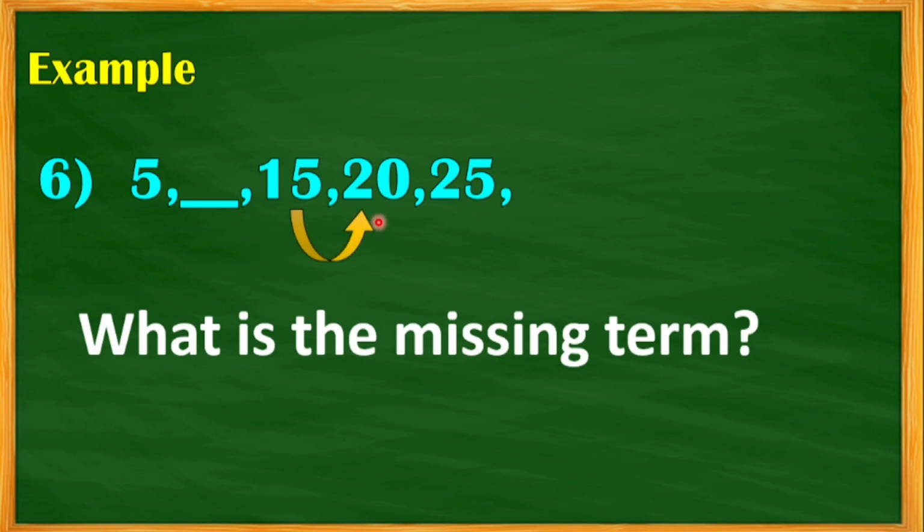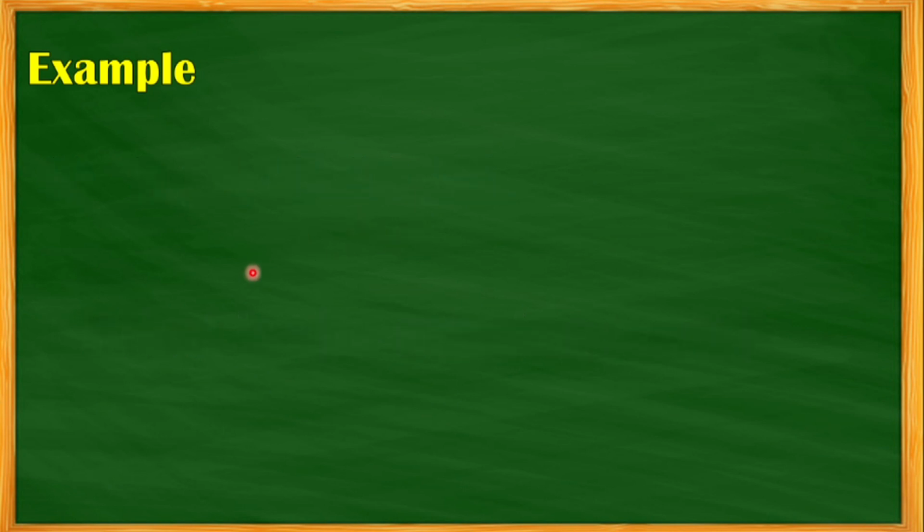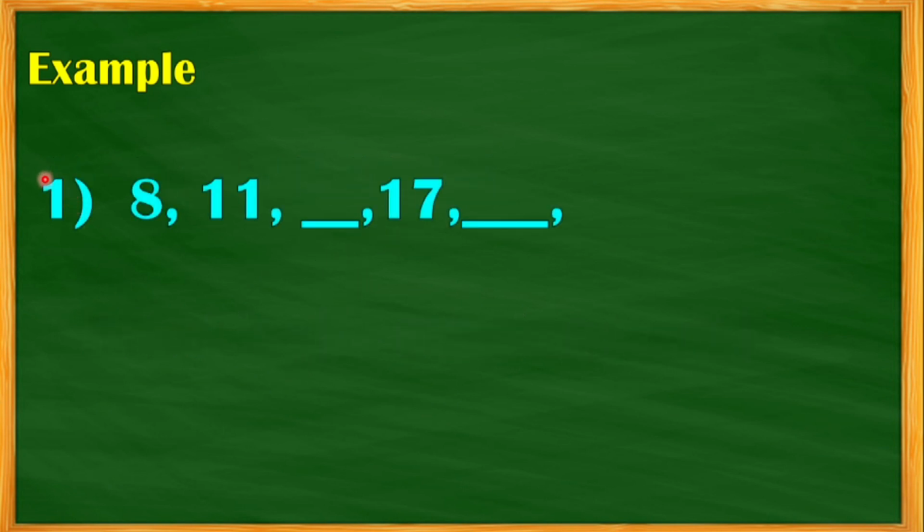So 15 becomes 20. You're going to add 5. So the rule in this one is you're going to add 5 to the preceding number. So 5 plus 5 is 10. So this would be the correct answer.